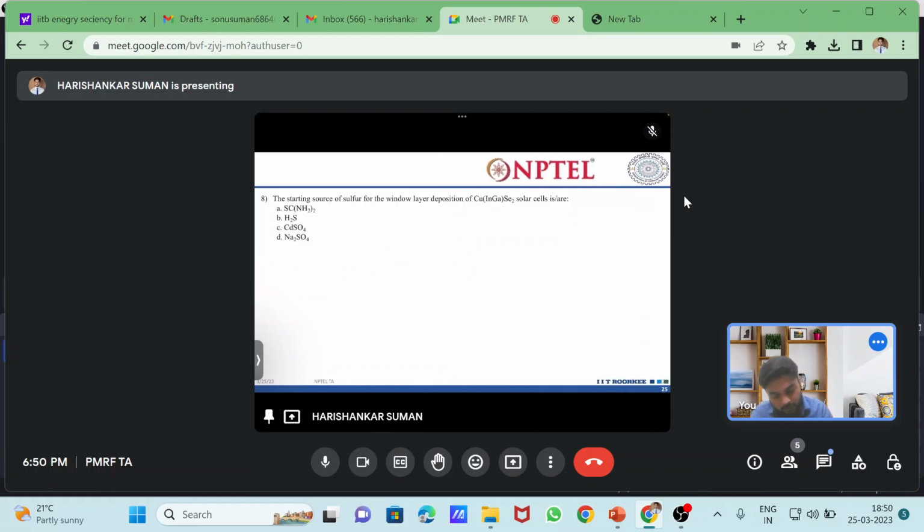Another question: the starting source of sulfur for the window layer deposition in copper indium gallium selenide solar cell is... These are the options, please answer.